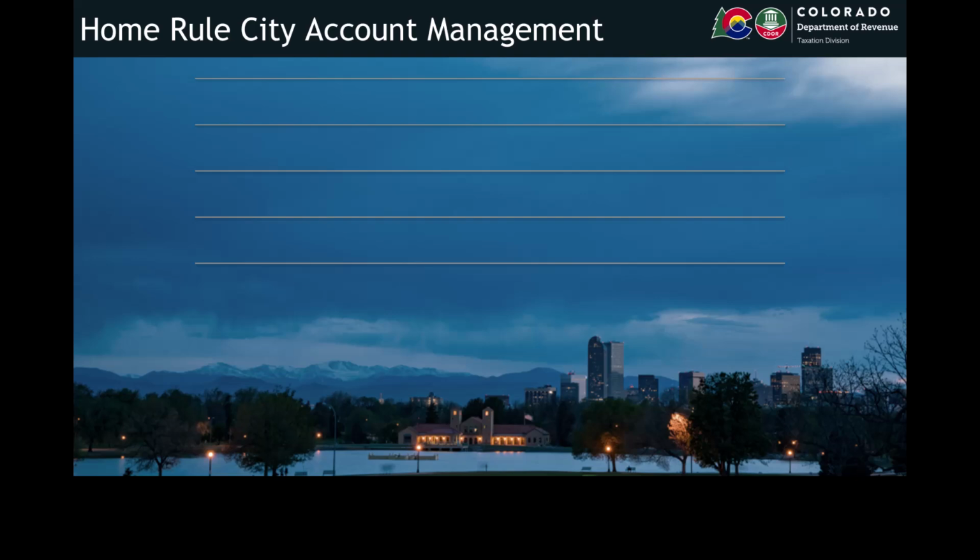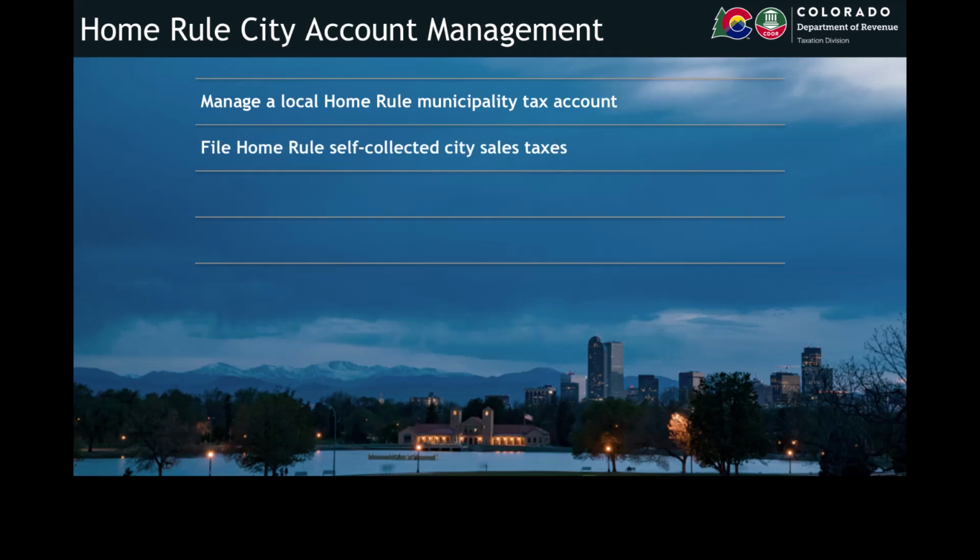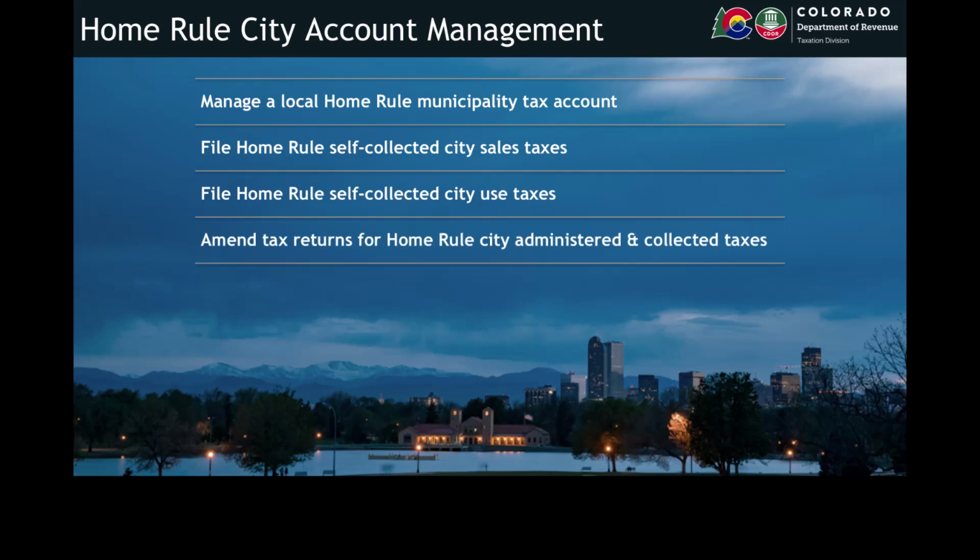Contact self-collecting Home Rule jurisdictions directly to perform actions such as managing a local tax account, filing and paying self-collecting city sales taxes, filing and paying use taxes to self-collecting jurisdictions, amending a tax return for self-collecting city sales taxes, or responding to a letter from the home rule city.